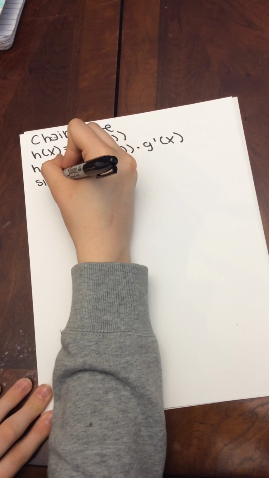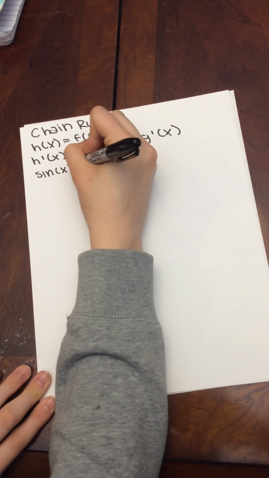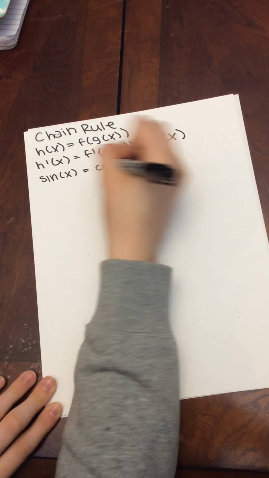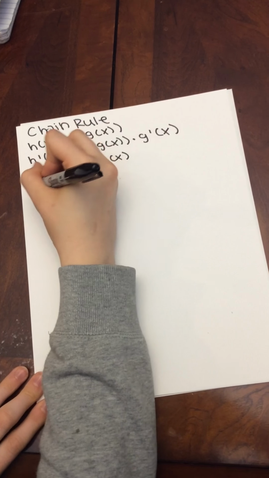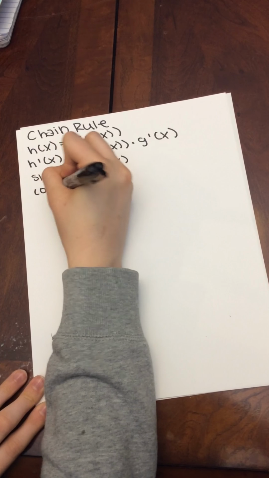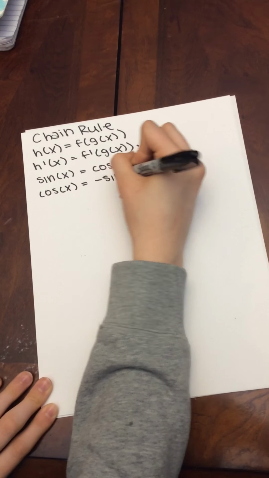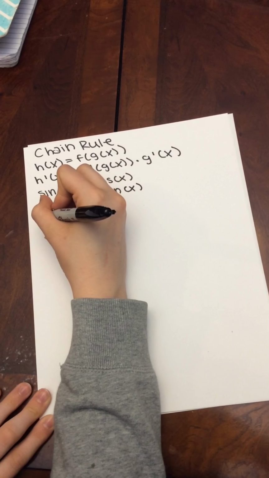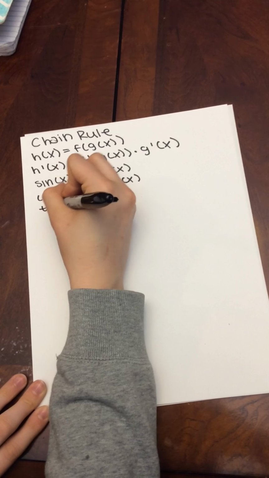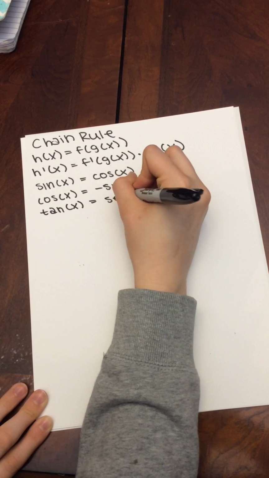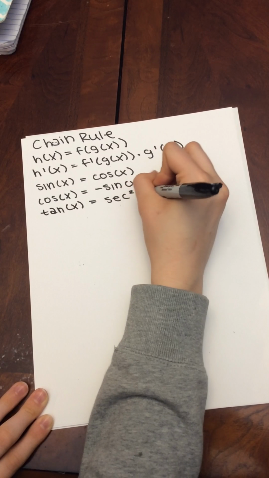So the derivative of sine of x equals cosine of x. And the derivative of cosine of x is negative sine of x. And the derivative of tan of x equals secant squared of x.